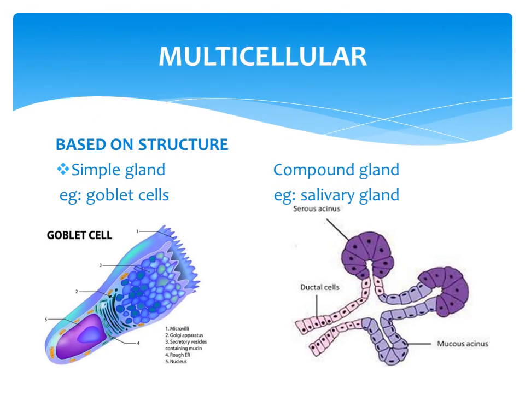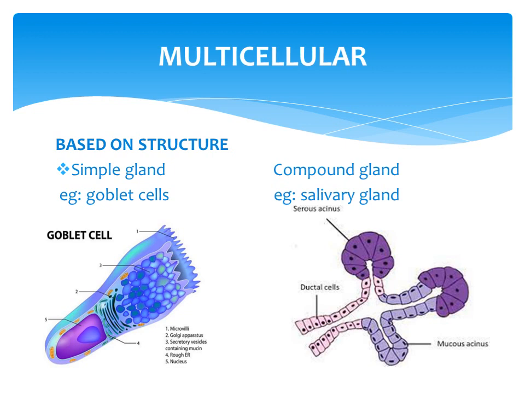Then these multicellular glands are further classified, as we said in the beginning flow chart, into many types based on certain characters. The first character is based on structure. Structure in the sense, the first type is simple gland and the second type is compound gland.